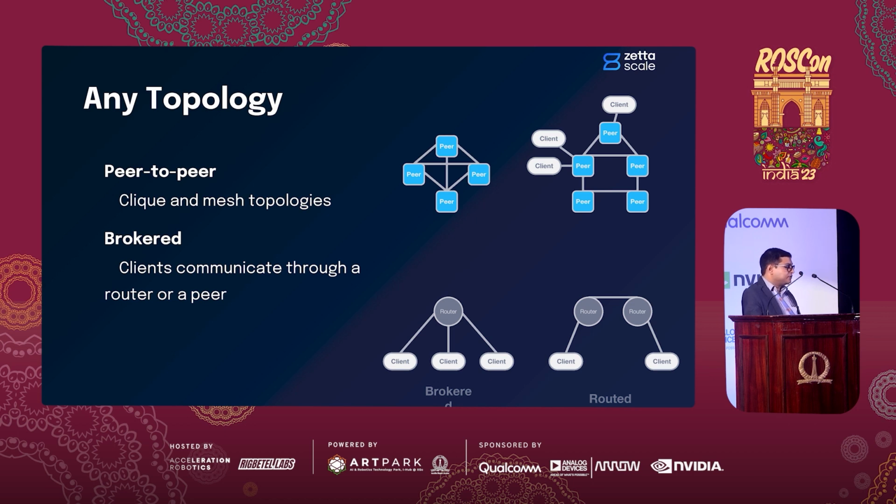And you can use Zenoh in brokered communication, where your clients are connected through the Zenoh router. The Zenoh router is a soft router, and it is very useful when your clients have minimal resources, and they directly connect to that router and interact with the rest of the system.